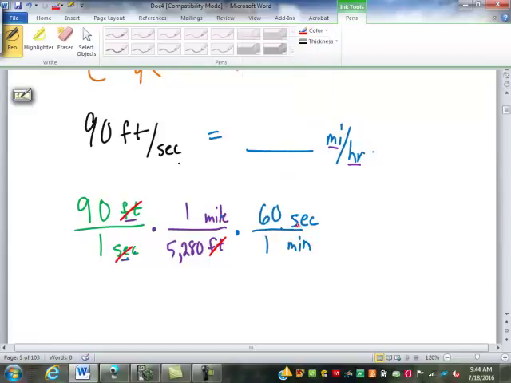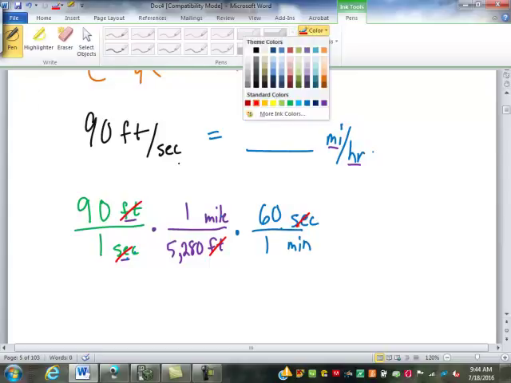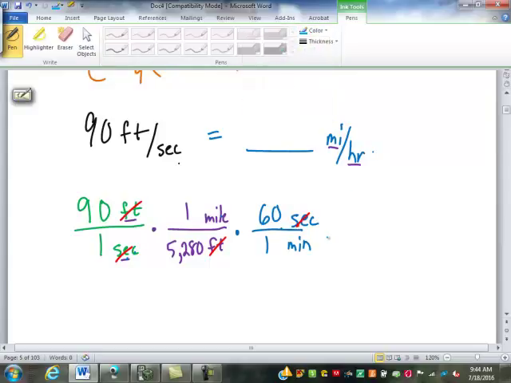So the seconds cancel out. And then I can go from minutes to hours. 1 hour is 60 minutes. So now my minutes are gone. Now I do have miles per hour. That's what I want.